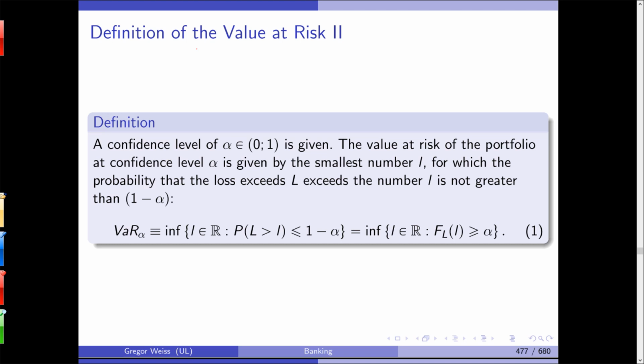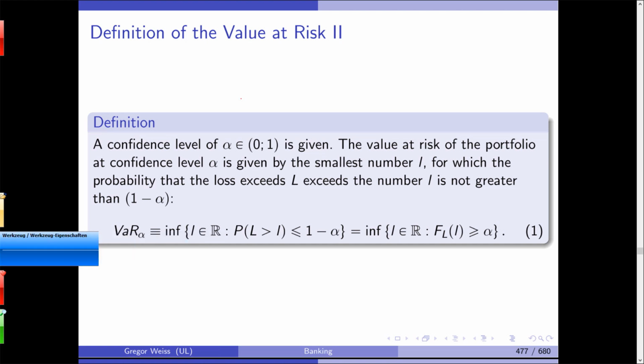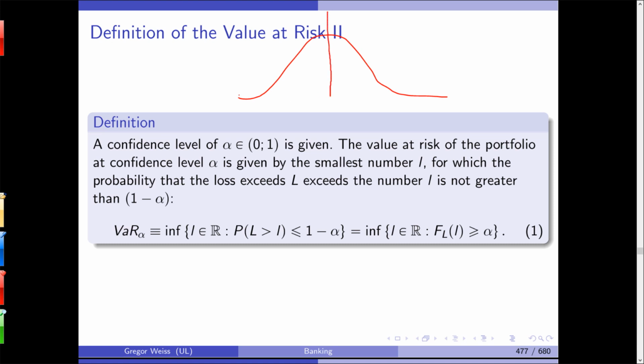If you have a distribution that looks like this. Let's assume this is 0. This is your distribution. This is supposed to be a profit and loss, a P&L distribution. Why a P&L distribution? Because you have losses on the left-hand side and profits on the right-hand side.